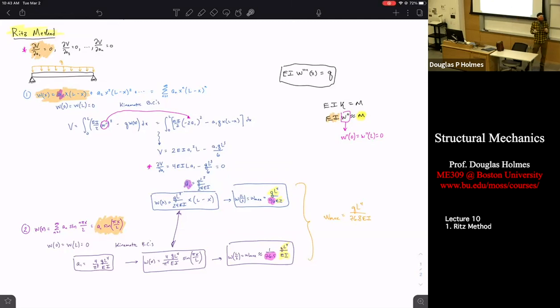For any of these approximate methods to work, this is a really key point: you have to pick a function that satisfies the kinematic boundary conditions. I'll say that again. You have to pick a function that satisfies the kinematic boundary conditions. It must match. So if there's going to be no displacement at a wall, your guess better be 0 where that wall is. You can use these approximate methods if your guess doesn't match the natural boundary conditions.